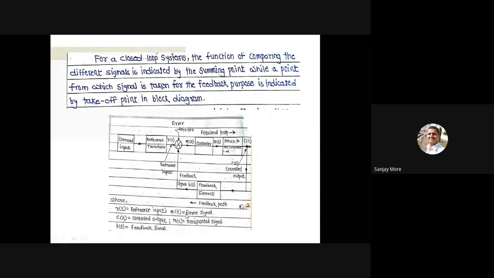Okay. So here R(t) means reference input. E(t) means error signal, C(t) means control output, M(t) means manipulated signal, and F(t) means feedback signal. Okay.